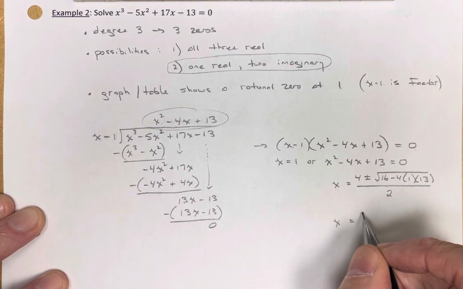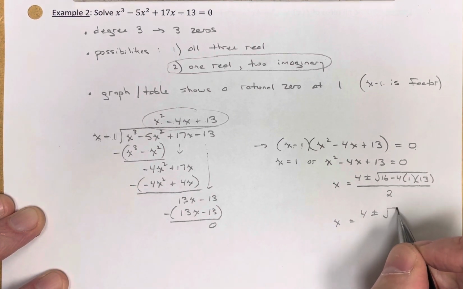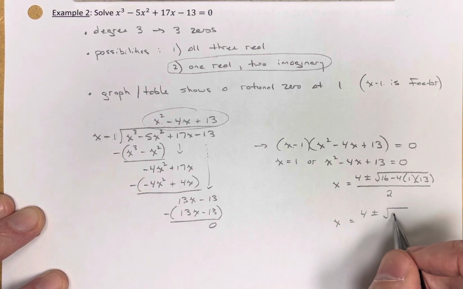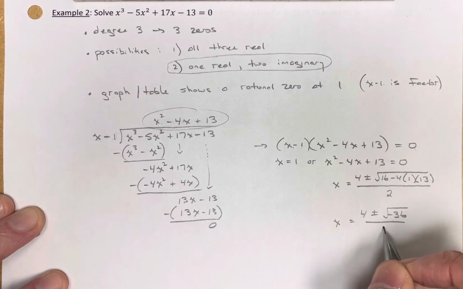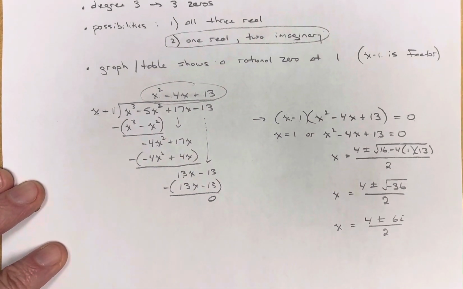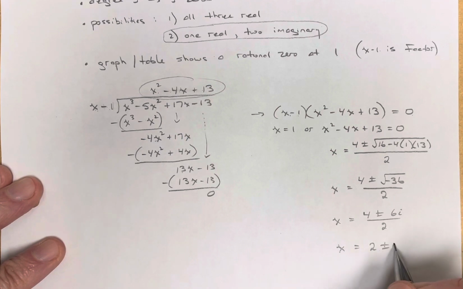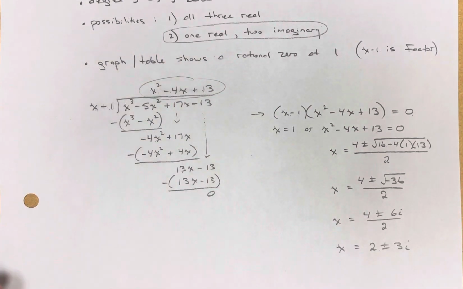Okay, so x is equal to 4 plus or minus, well, it turns out that what's under the radicand here is negative 36, over 2. Well, this is equal to 4 plus or minus 6i over 2. This is x is equal to 2 plus or minus 3i.